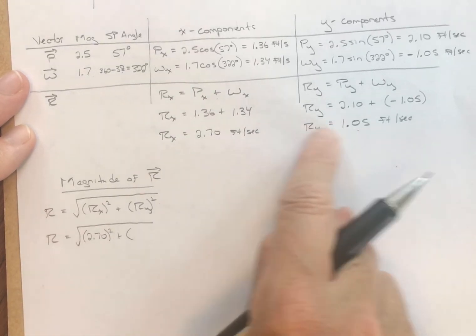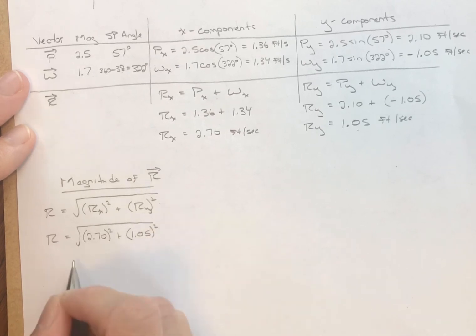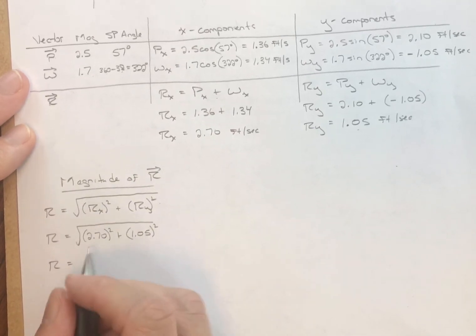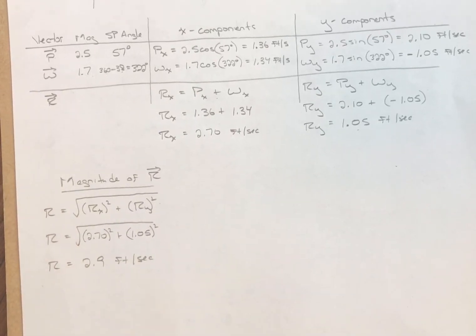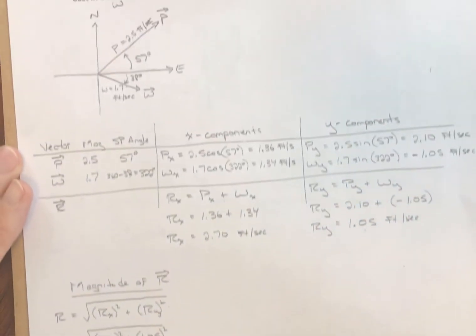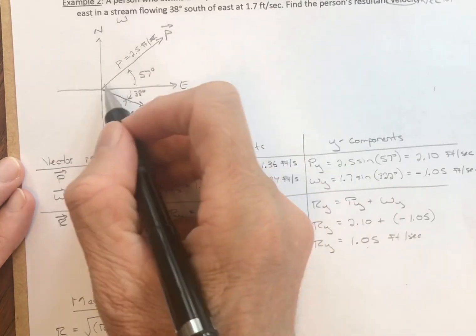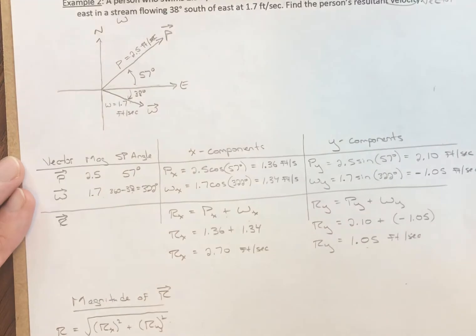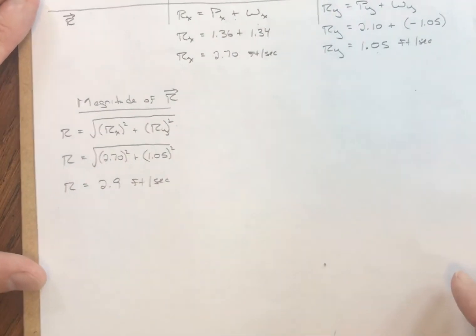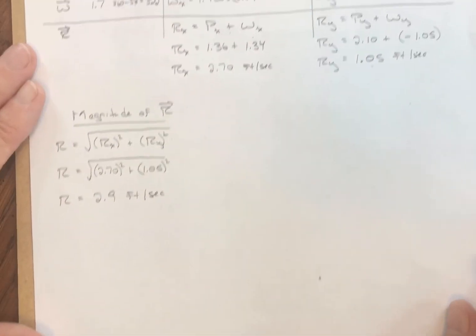The y component is 1.05. Pull out a calculator, and I get 2.9 feet per second. Okay, and again, we looked at this and said, well, this makes sense. If I use the parallelogram method, I've got a longer resultant, and sure enough, got a longer resultant right here at 2.9.